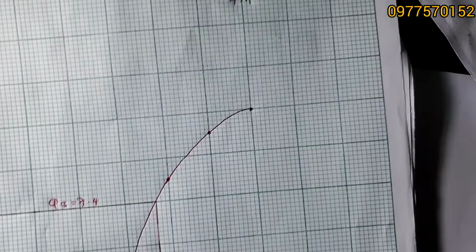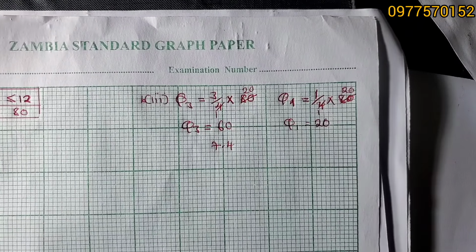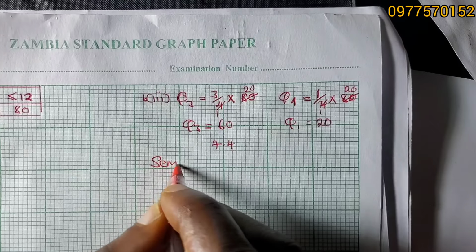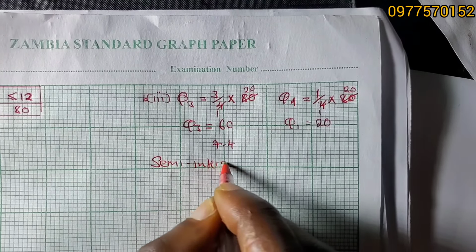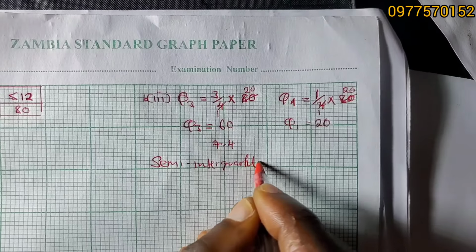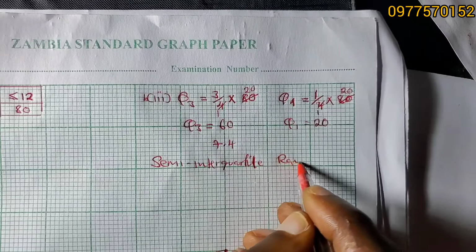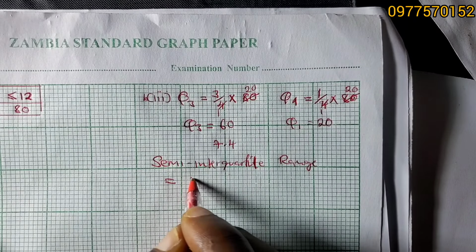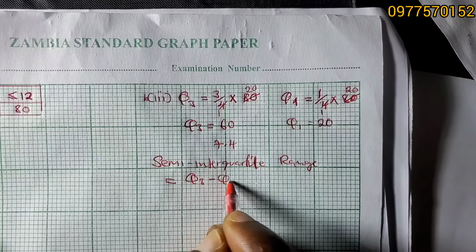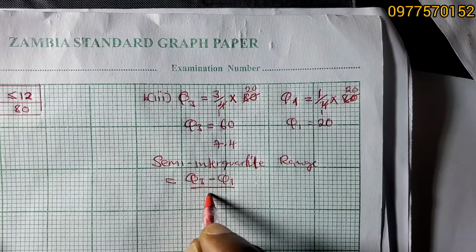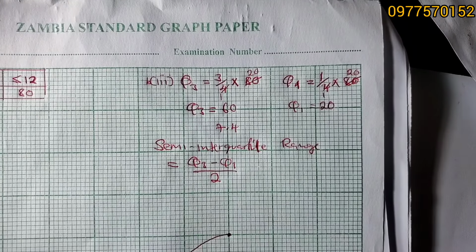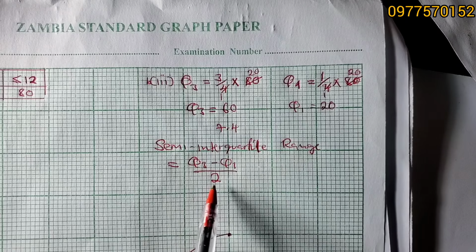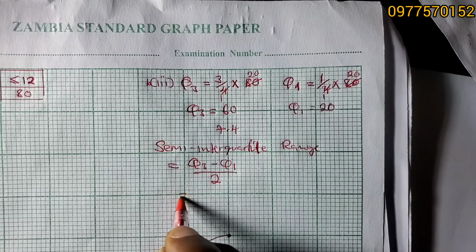To find the semi-interquartile range, this is how we find it. The semi-interquartile range will be Q3 minus Q1 divided by 2. We find the interquartile range, then divide by 2. Now what is Q3?